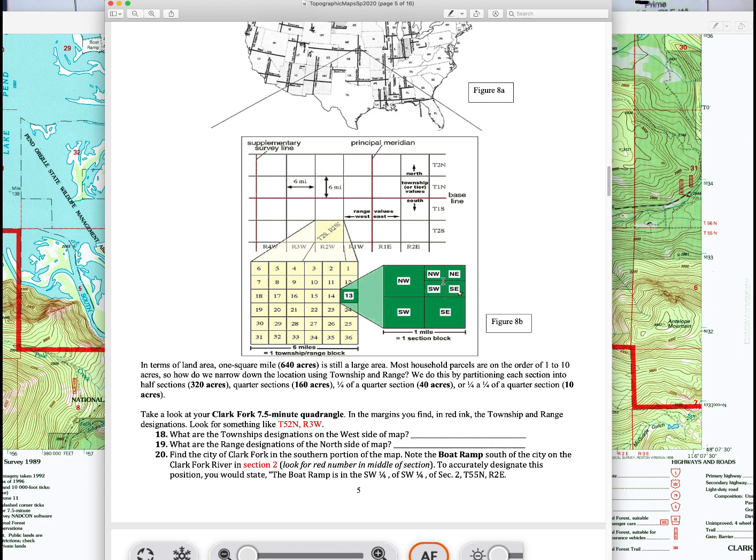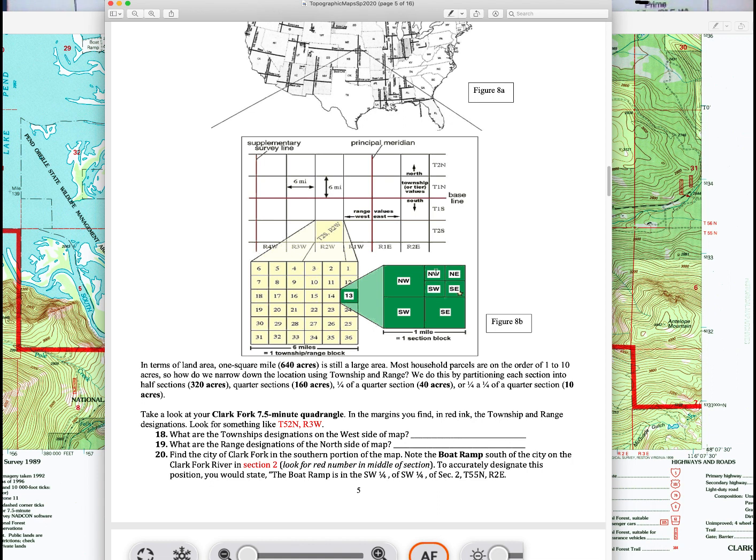That would mean that each of these quarter sections is 160 acres. That's still a lot of area. Now, if I take a quarter of that, each one of these would be 40 acres. And eventually, if I separate these again into quarter sections, one of these would be 10 acres, right? So that's kind of how we break these down.